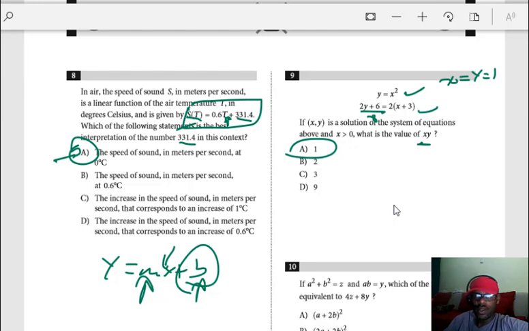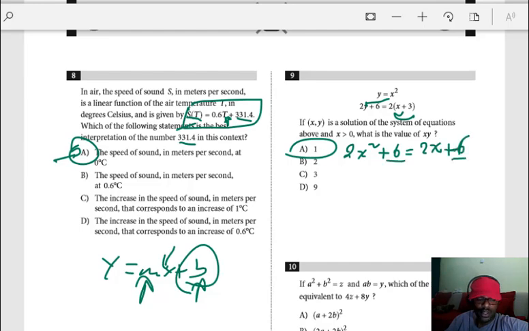Or if you don't plug in, directly, what do you do? Instead of y, substitute the value of x directly. So the equation becomes, in place of y, x: 2x squared plus 6 is equal to... now distribute 2 for x and 3, that goes to 2x plus 6. So this 6 will be eliminated or cancel out when you subtract both sides.